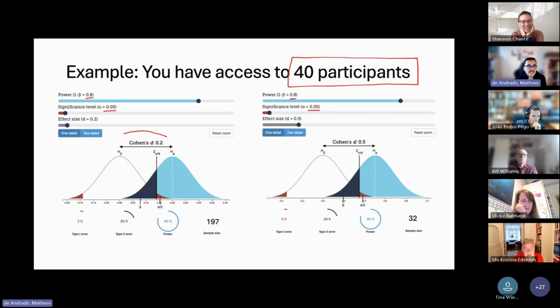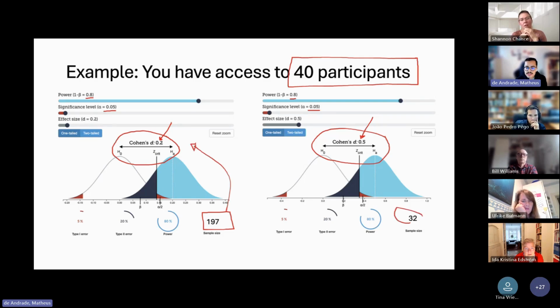In one experimental design in the literature, they have identified an effect size of 0.2. In the other experimental design, they have identified an effect size of 0.5. You can use the data from previous studies in calculators like this one and like the one that Alex is going to put in the chat in a little bit to calculate the sample size that you need to detect the same effect.